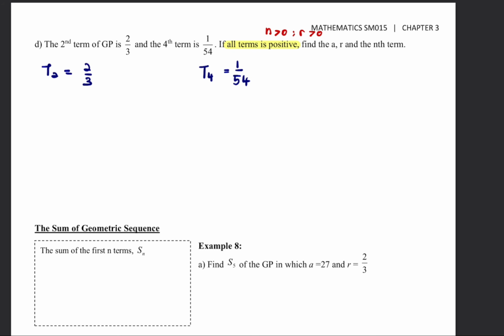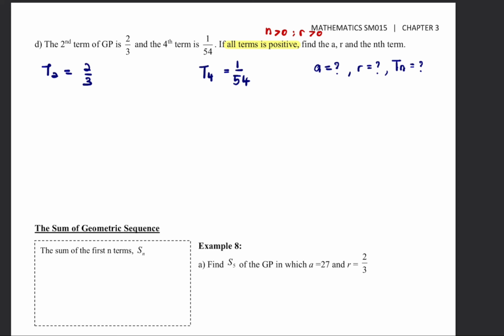Okay, sebab dia kata if all terms are positive, first term positive, second term positive, third term positive, and so on. Okay, so what the question want? The question wants R and the nth term. Okay, so we have to find these three things.